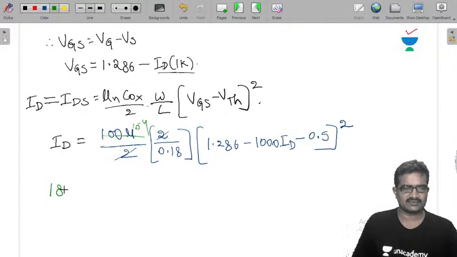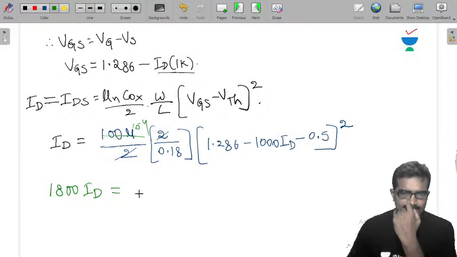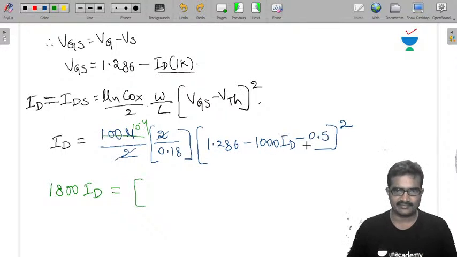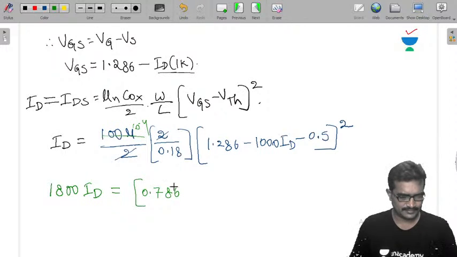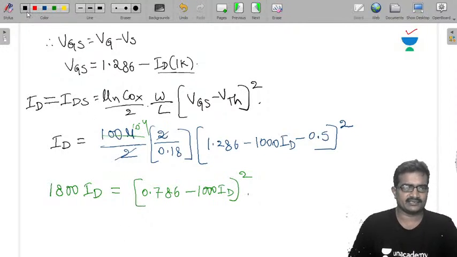Then you get 1800 ID is equal to 1.286, sorry, minus 0.5, that is 0.786, minus 1000 ID, whole square. Now I am going to expand this.